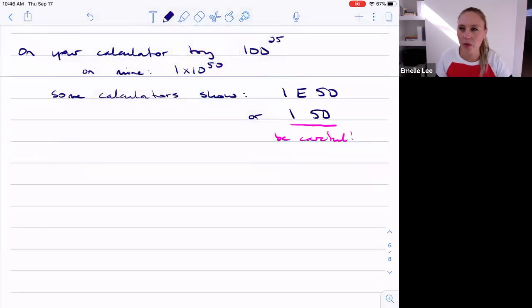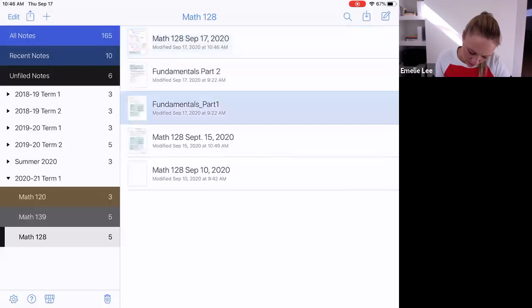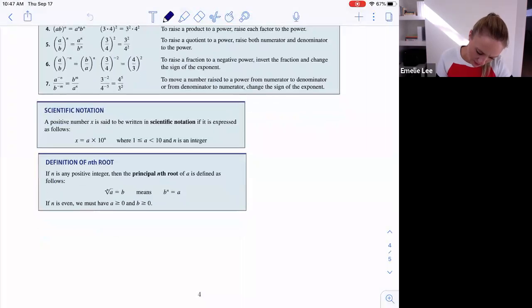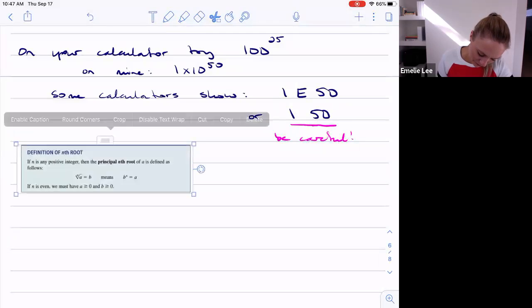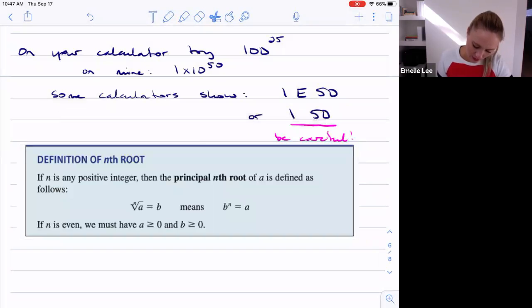Okay. So let's just, before we go, let's just talk about the nth root. So getting into radicals here. So the nth root, right?